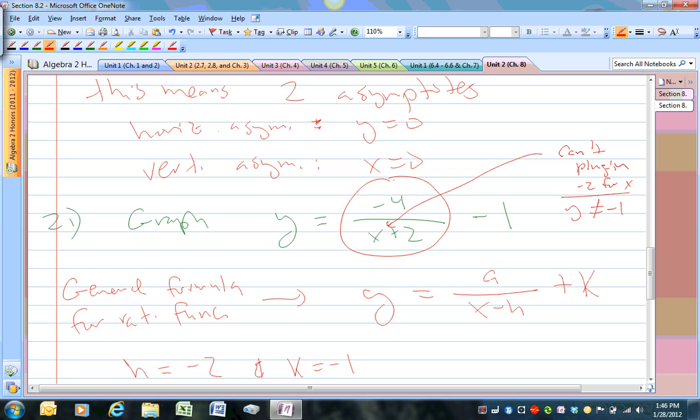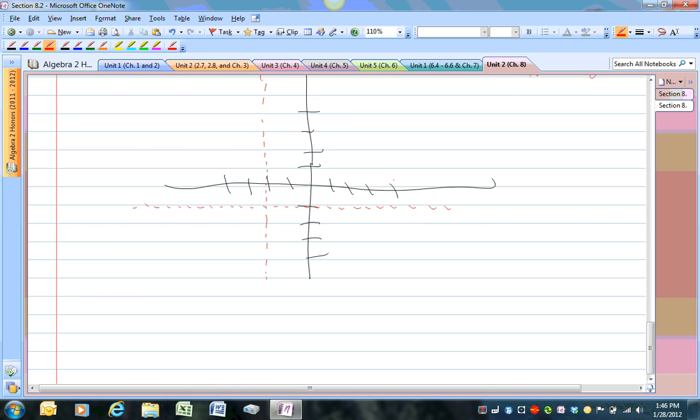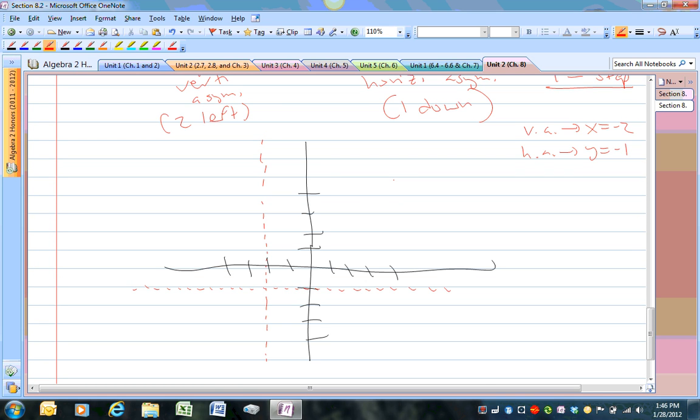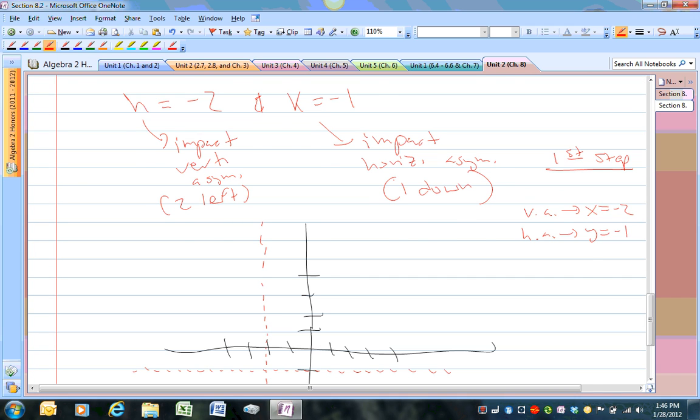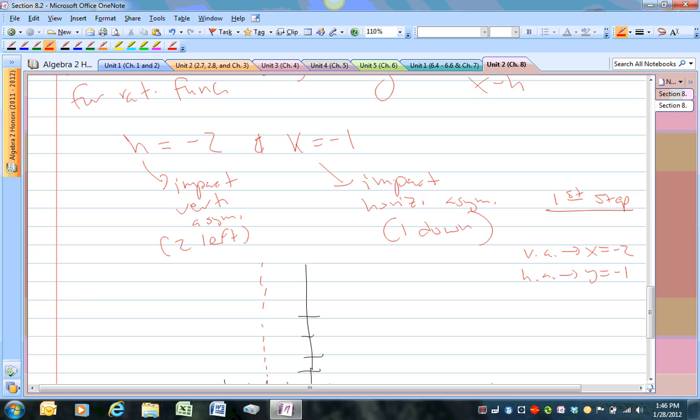It can get close to 0 but never be 0, so therefore we can never get negative 1 for y. That's the reason why we have these asymptotes. I'll talk about asymptotes more theoretically on Monday. Might be a little too much for a video right now. But h impacts the vertical asymptote, k impacts the horizontal asymptote.